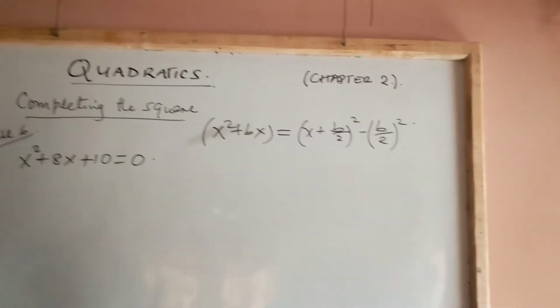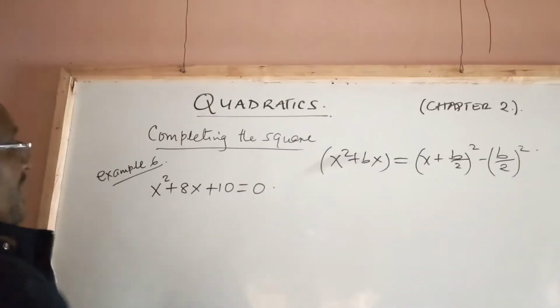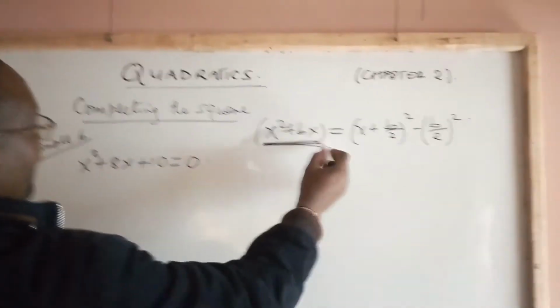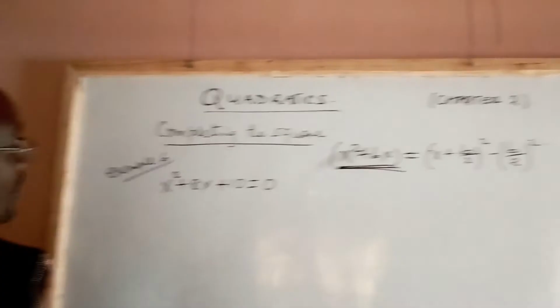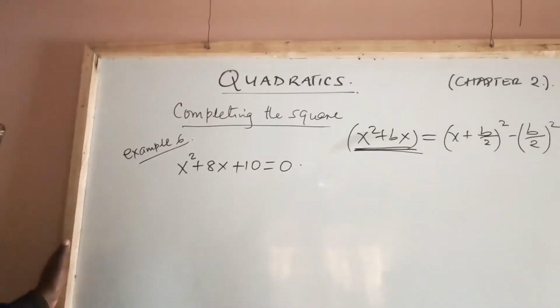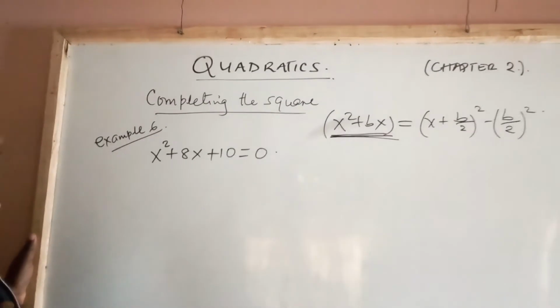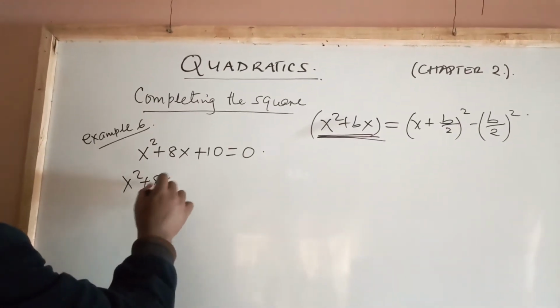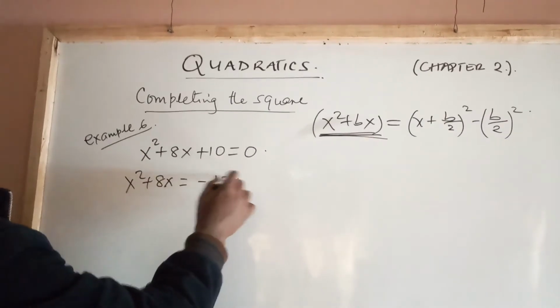So it is very important that we write the whole of this equation in this particular format, and we can only do so if we plan to make 10 appear on the right hand side. So rewriting it, we're going to have x squared plus 8x equals negative 10.